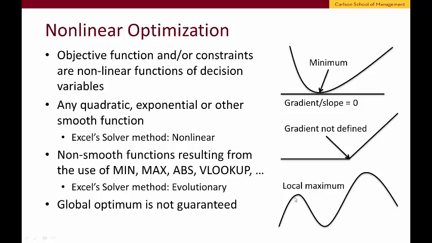If we start somewhere around here, we're probably going to get stuck in this local maximum because the gradient, or the slope, is going to be 0 here, and the process is going to stop. Whereas clearly there is a global maximum here that is higher. So that's one of the many difficulties associated with these nonlinear problems.